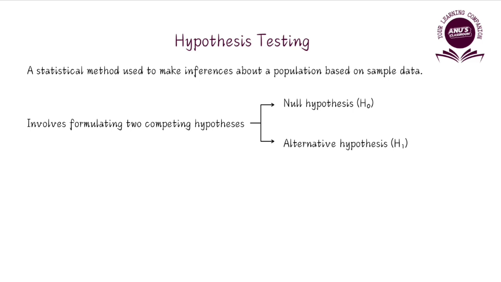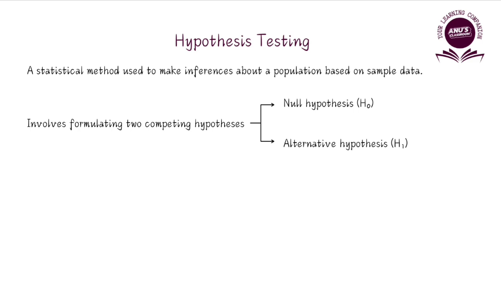Now, the whole concept of hypothesis testing is that we are going to investigate which of these two hypotheses, null or alternate, is the right one. Usually we test hypotheses about a population. For example, say your topic is internet usage among youngsters.